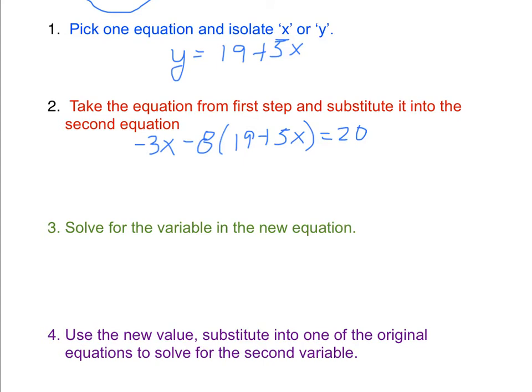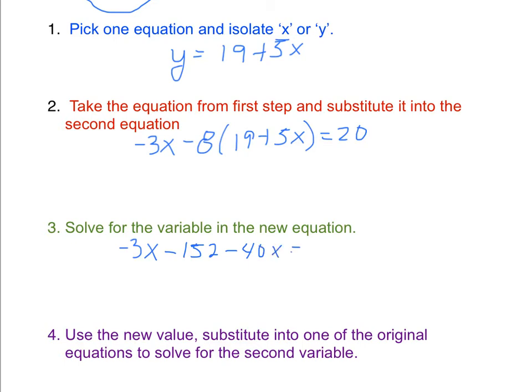So we do have some simplifying that needs to get done, and that is this distributive property here with the negative 8. So we've got negative 3x. We have negative 8 times 19, so that'll give us a negative 152. Then we have negative 8 times 5x, which is going to give us a negative 40x equals 20.